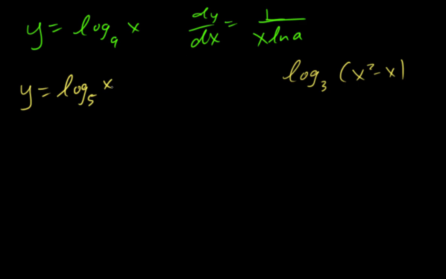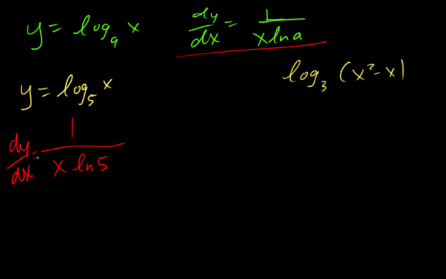So using this, we're just going to take what's inside and put it right there. So 1 over x, and then we do natural log of the original base. That's our dy/dx.